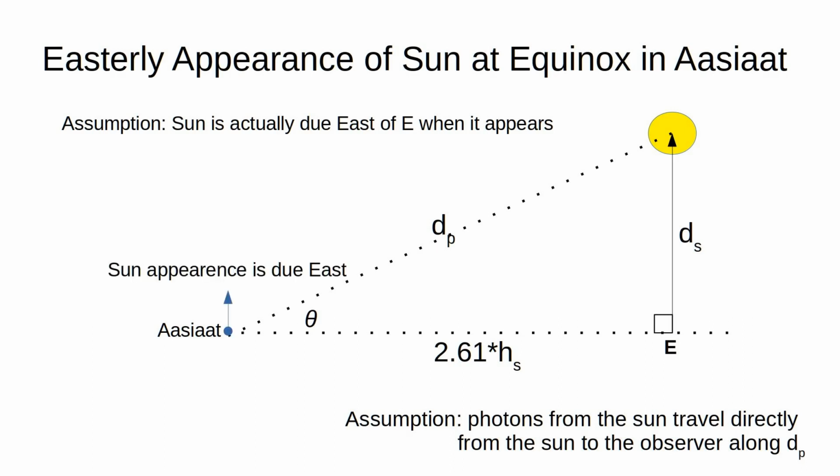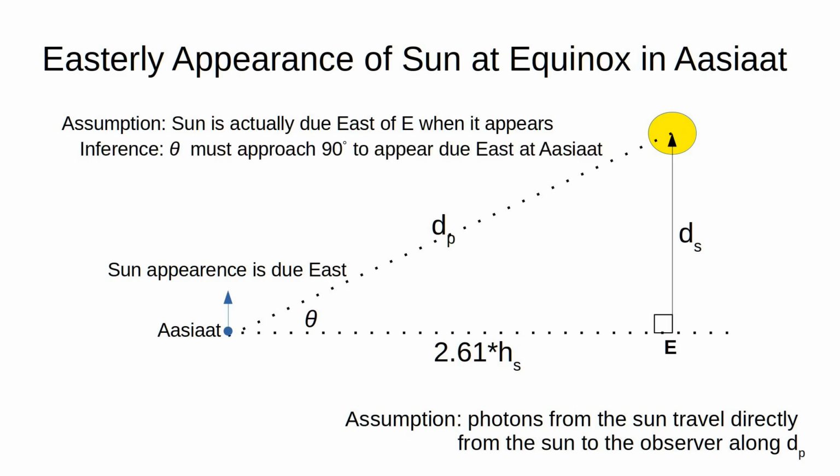At the equinox, the Sun appears due east to all observers. This means that theta in this triangle must approach 90 degrees in order for an observer in Asiat, for example, to experience an easterly appearance of the Sun.